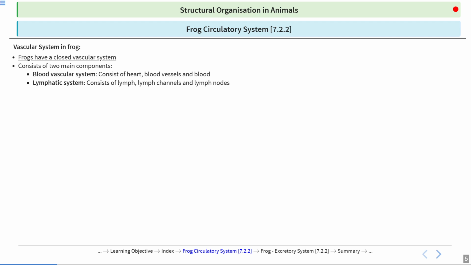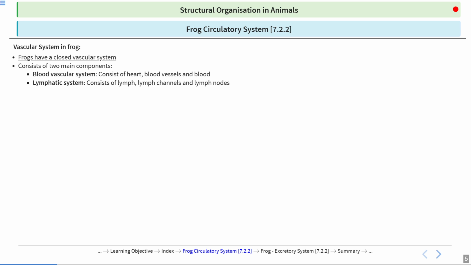And there are different types of blood vessels: arteries, veins, and blood capillaries. So these come under the blood vessels, right? And there is blood, that is the fluid connective tissue. That is also part of the blood vascular system.